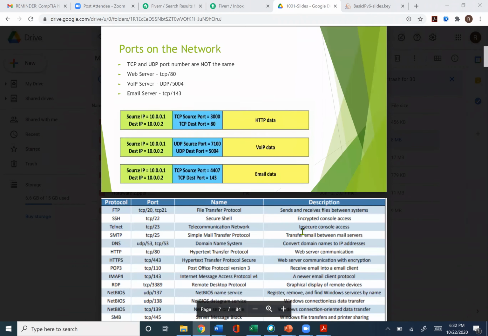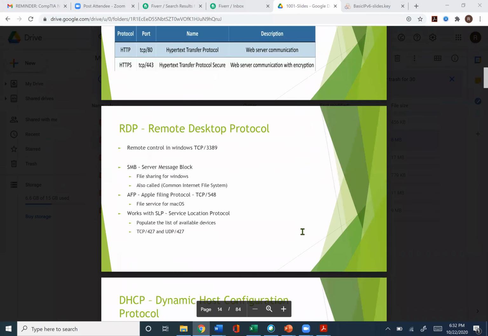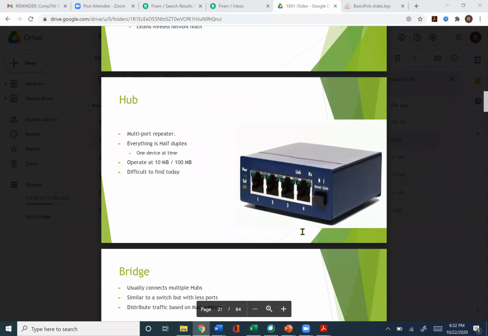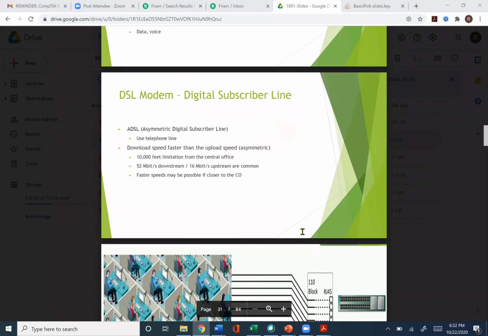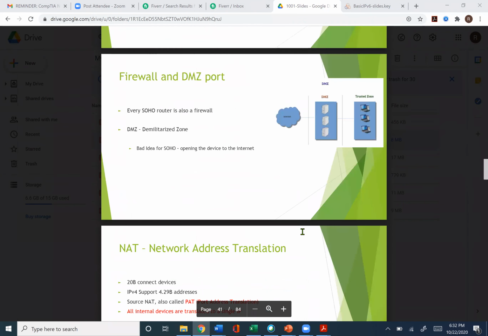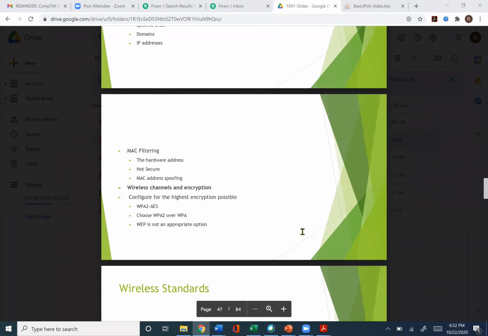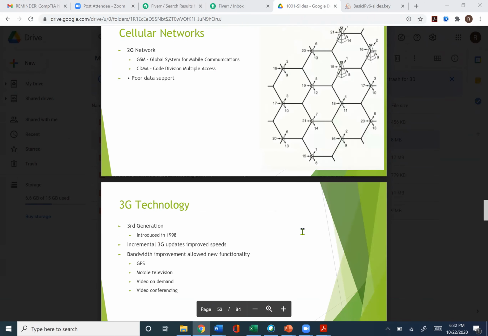This is the ports. Hopefully I have the updated one.